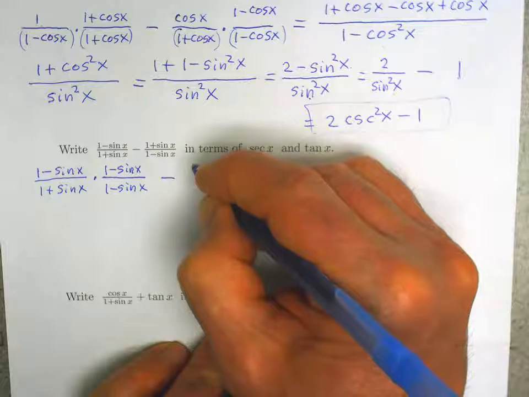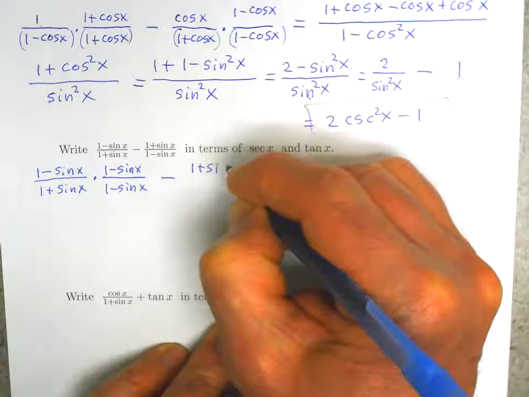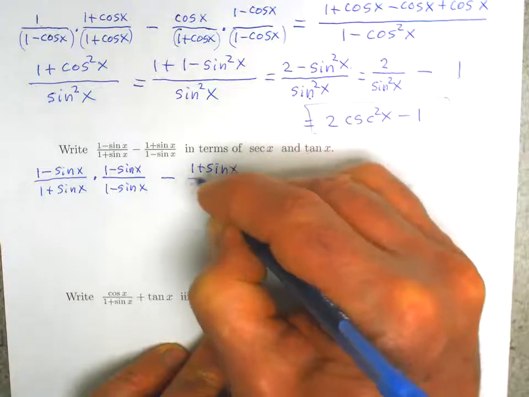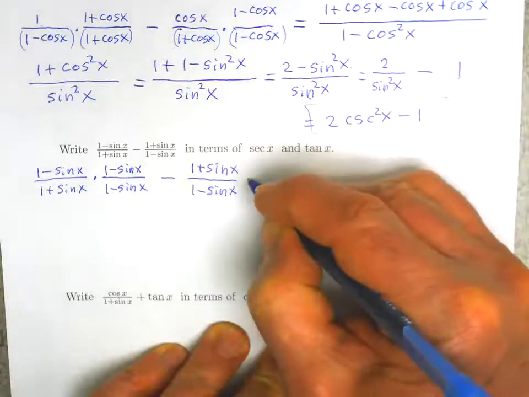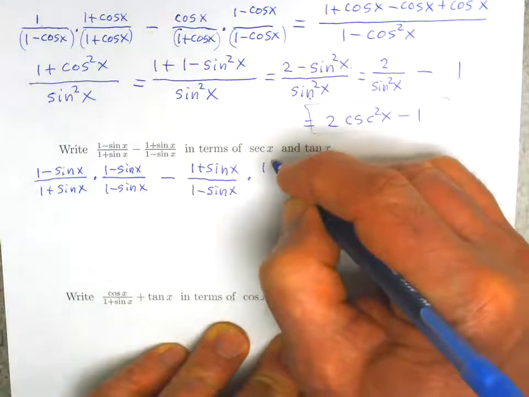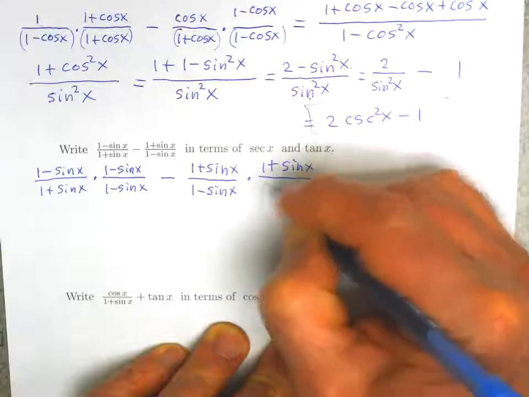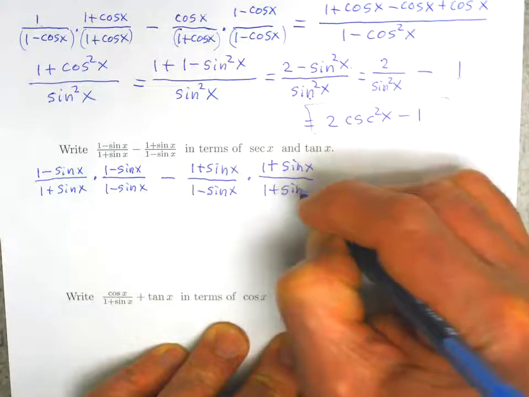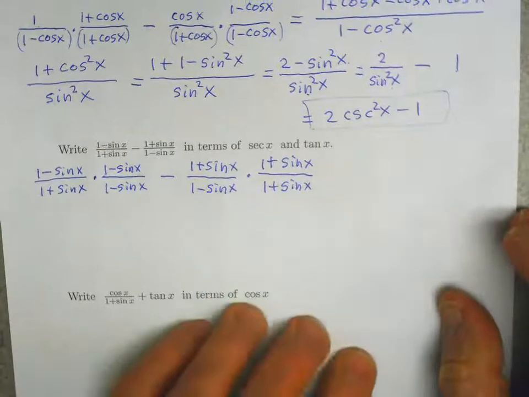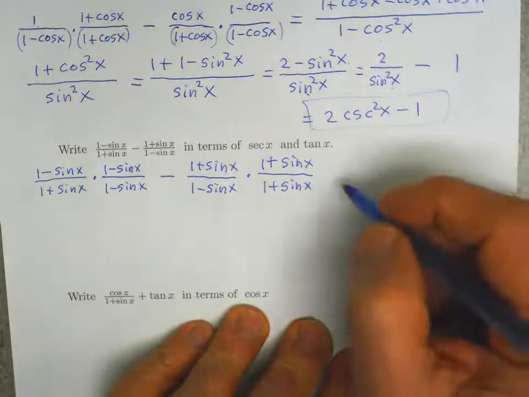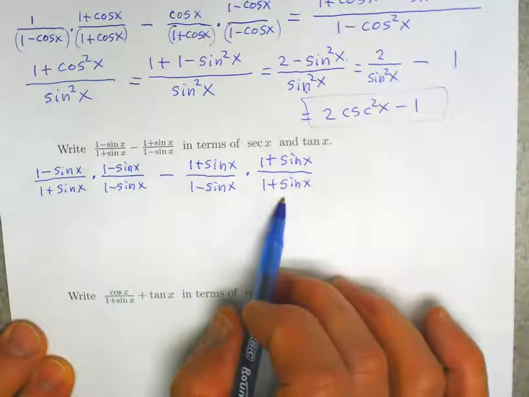And the term on the right, I multiply by 1, so 1 plus sine of x over 1 plus sine of x. Now we have a common denominator, which is 1 minus sine of x times 1 plus sine of x.